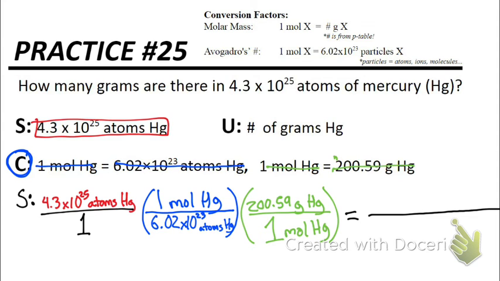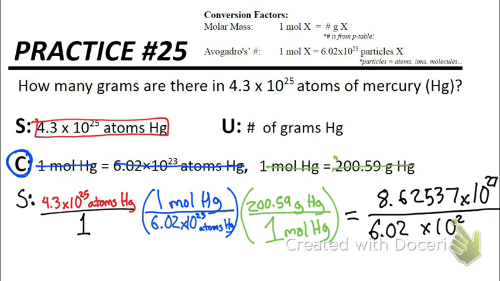When I multiply 4.3 times 10 to the 25th times 1 times 200.59, I get 8.62537 times 10 to the 27th. 1 times 6.02 times 10 to the 23rd times 1 is 6.02 times 10 to the 23rd.